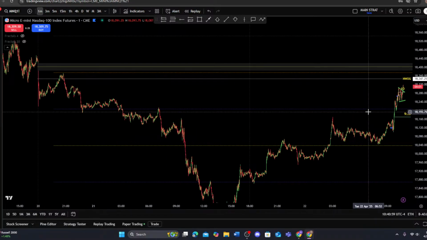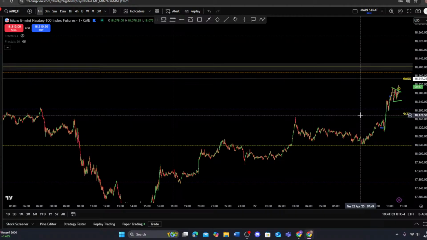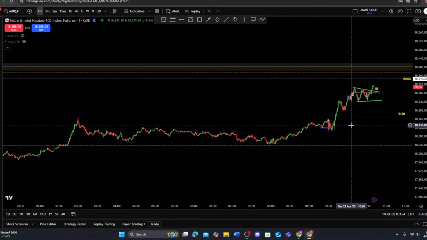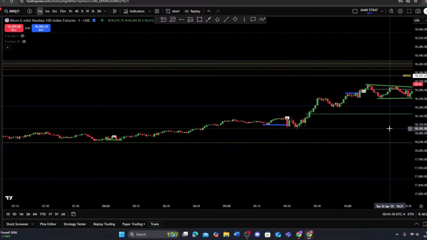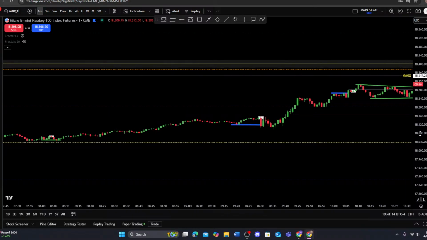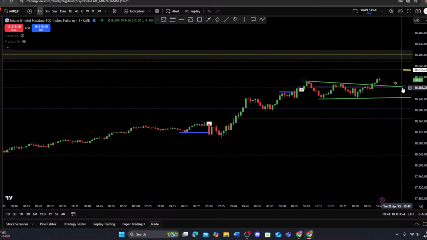I think I got a little angsty, as far as I've already gone through this, wanting to trade right away instead of being patient with the process.